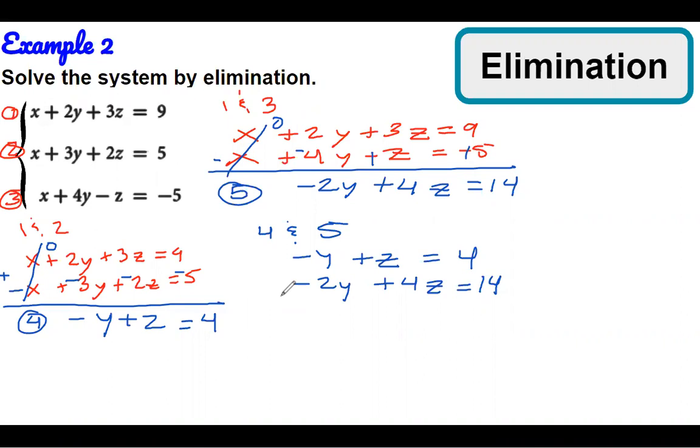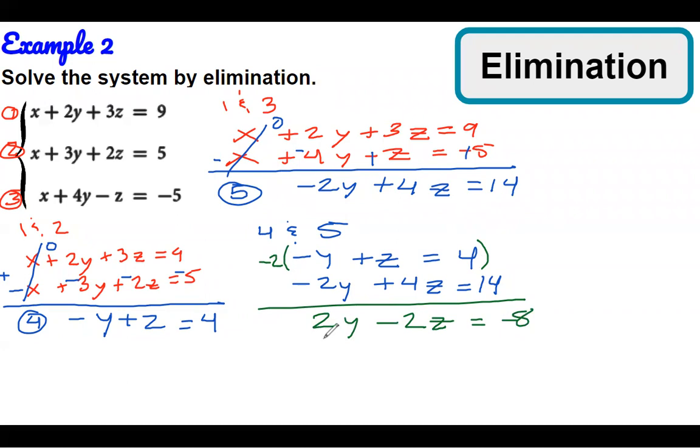Okay. So if we multiply by negative 2, again, it gets distributed. Let me go ahead and rewrite it. Negative 2 times negative y, positive 2y, negative 2 times z, negative 2z, negative 2 times 4, negative 8.